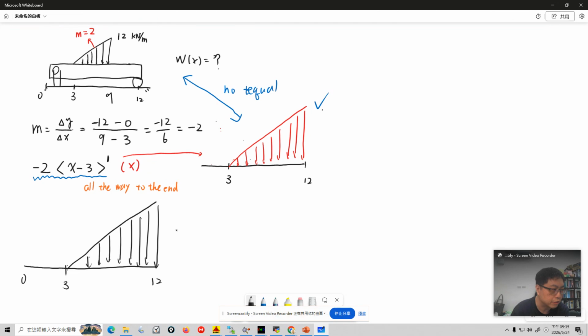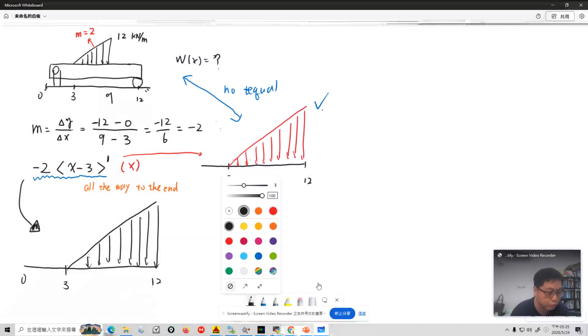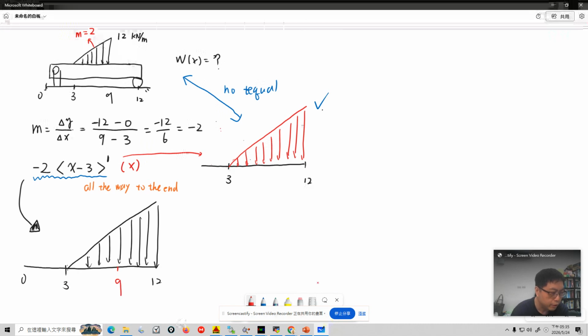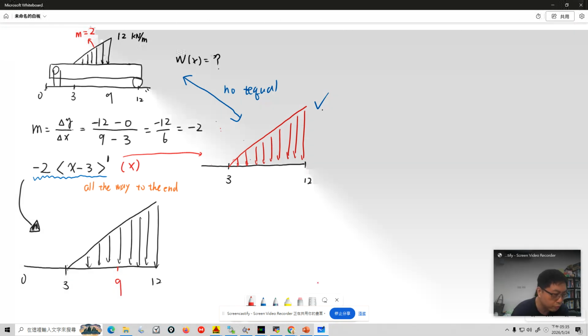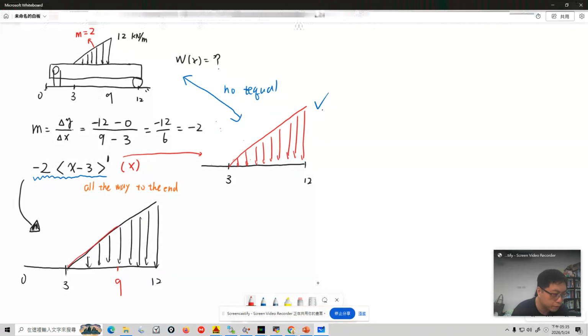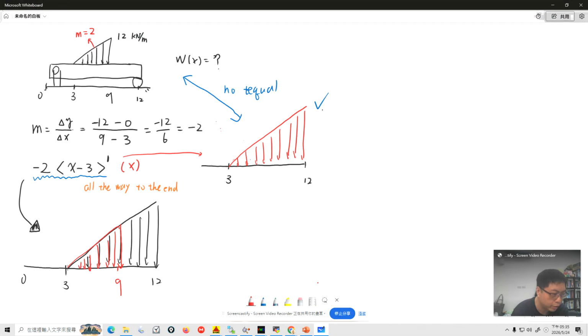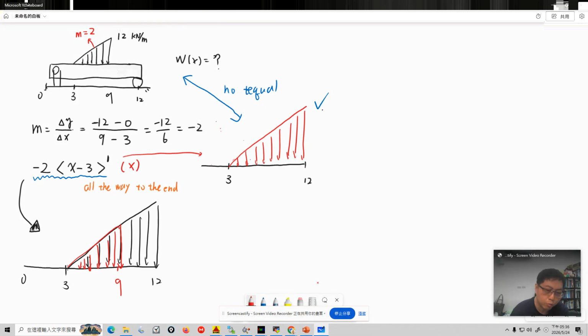This is this discontinuity function, but our solution, the triangle distributed load, only exists from 3 to 9. Let's say 9 is here. This is the region we want, the red area. This red area is what we only want.